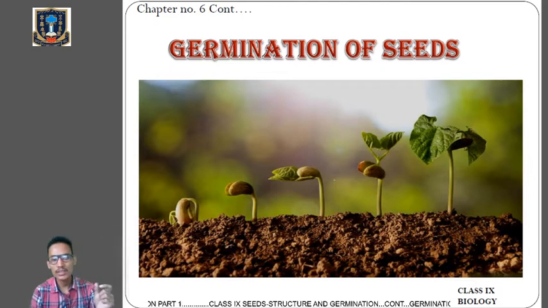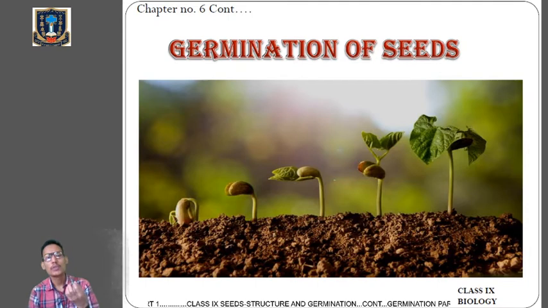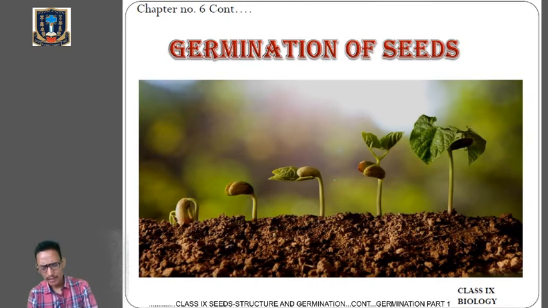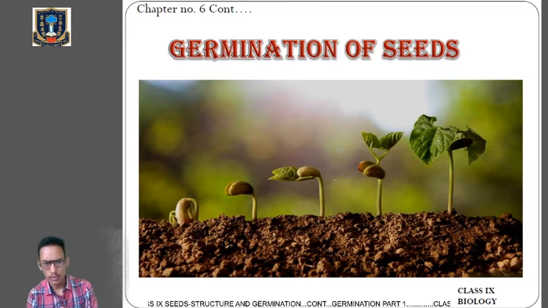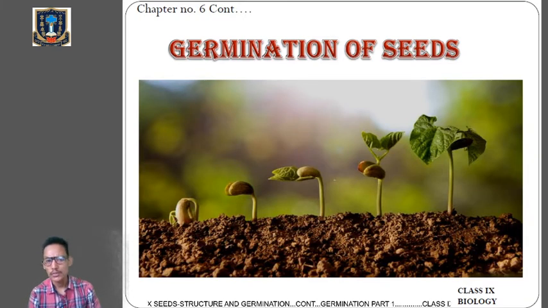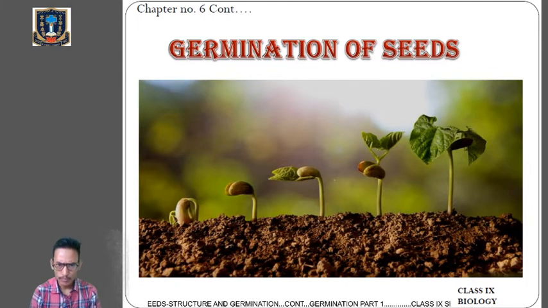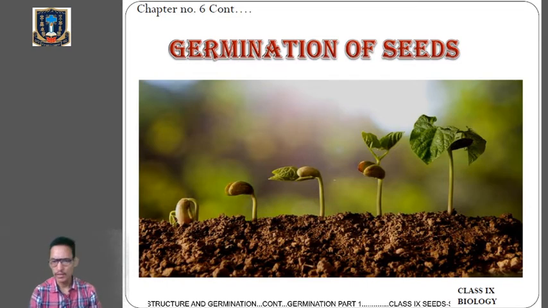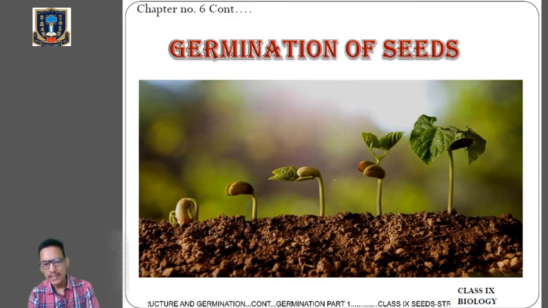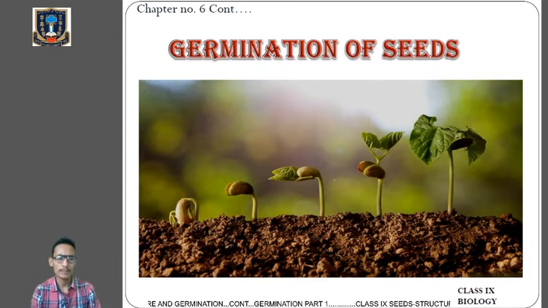Dry seeds consume oxygen and give out carbon dioxide in a very minute amount. They also utilize the reserve food materials, stored in the endosperm or in the cotyledons, in a very minute amount when in the stage of dormancy.